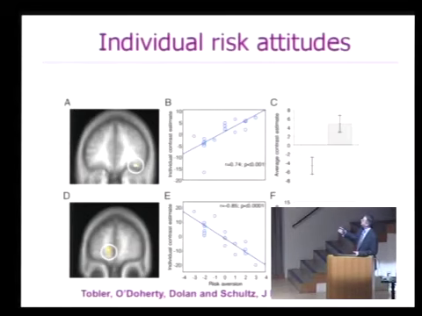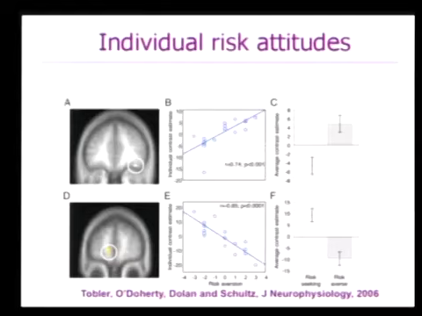Whereas in this other, more lateral area, remember we found a similar dissociation for rewards and punishments, this more lateral region in the orbitofrontal cortex is stronger the more risk-averse people are. So maybe they're thinking more about the negative consequences here, the possibility that they might lose if they take that gamble.